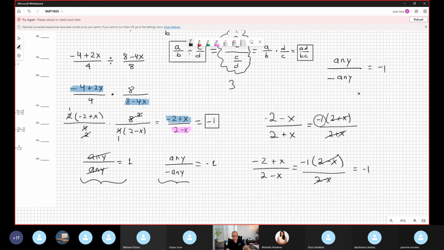Suppose 3 plus x divided by -3 minus x. You see that this expression is positive, this expression is negative, the answer is -1. Cool? As you see, 3 plus x divided by 3 plus x, twin brothers, the answer is positive 1.